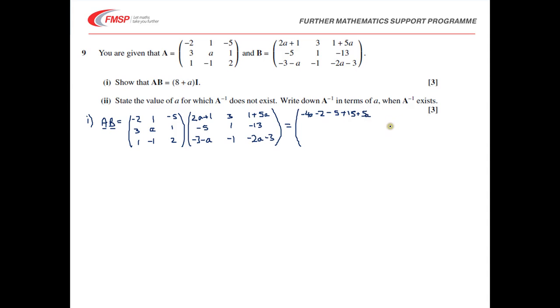The next line is all numbers and it comes to 0. And then we get minus 2 minus 10a minus 13 plus 10a plus 15.